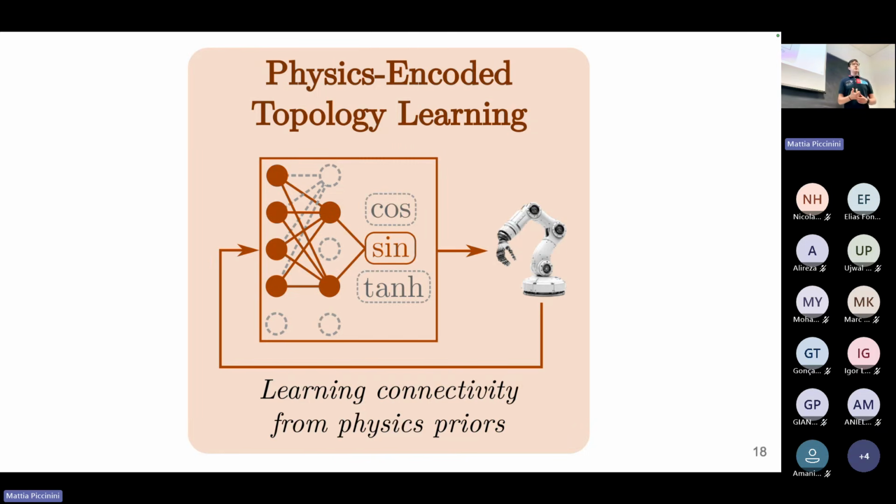Basically, there's no magic there. It's just taking a library of functions that you think are good candidates. For example, trigonometric functions like cosine, sine, tanh, but also operations like sums, multiplications, divisions, whatever.